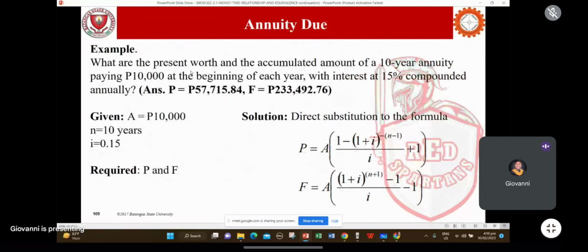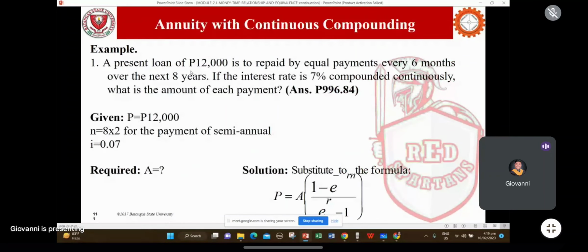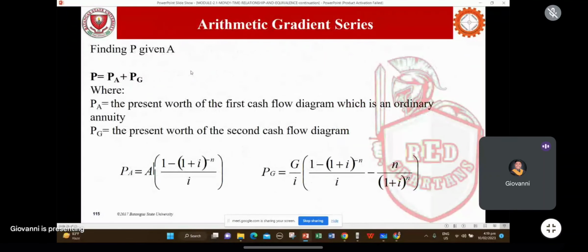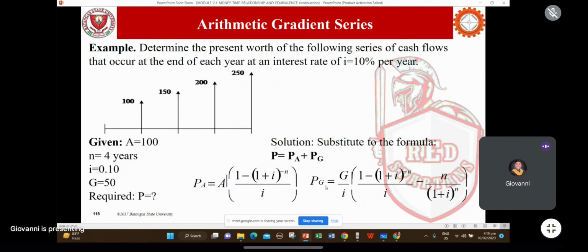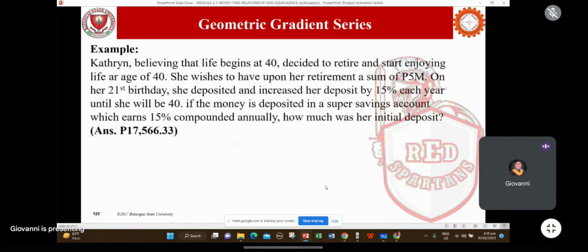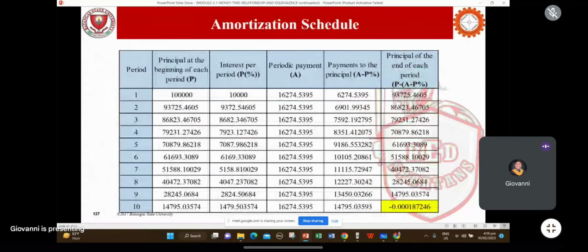Annuity due, perpetuity, continuous compounding. Sinasabi ko kanina, kasi for arithmetic gradient, sobrang haba po talaga ng formula. Like, hindi po to kaya ni calculator na input ng sabay. Then, hanggang geometric gradient po tayo. Hanggang amortization po pala tayo.